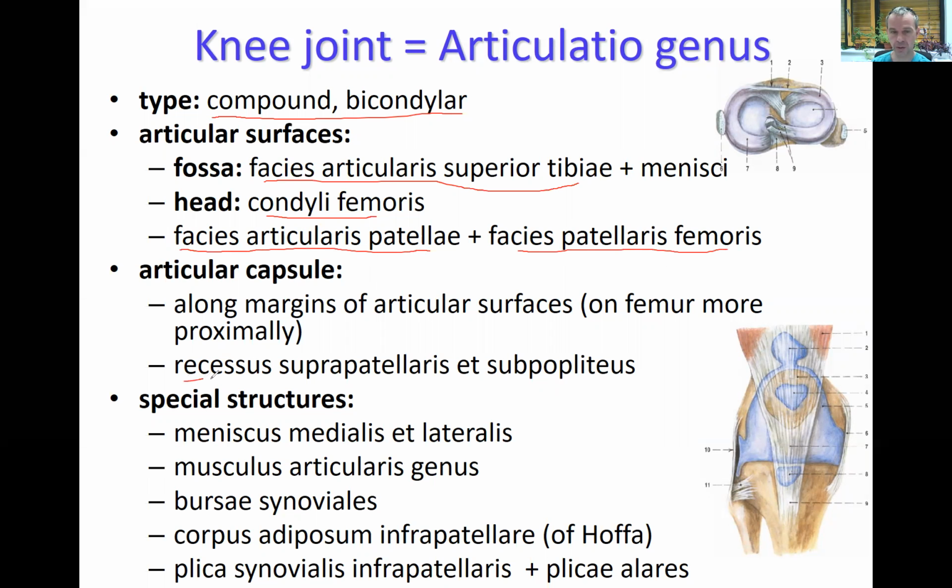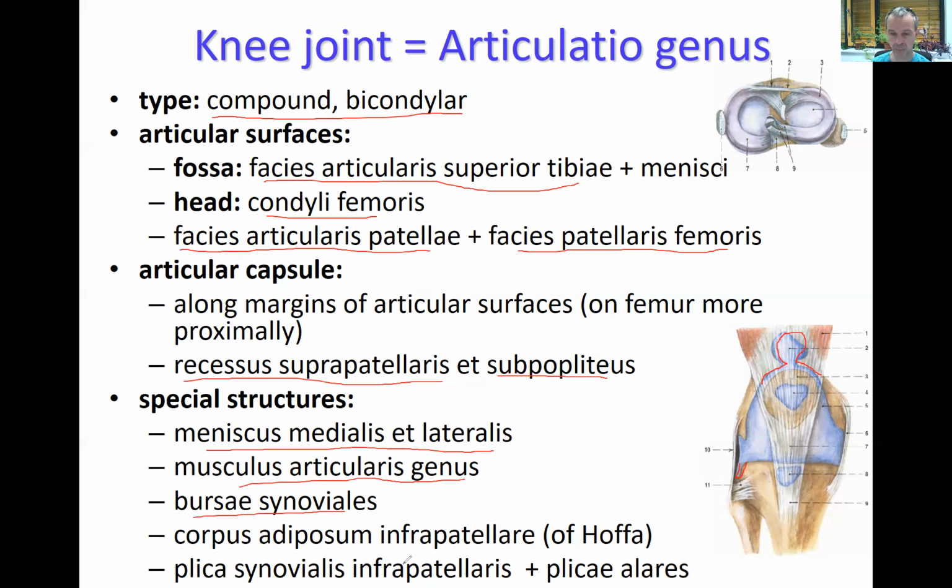There are two exceptions: the suprapatellar recess above, which is usually connected with the suprapatellar bursa, and the subpopliteal recess, which we find on the lateral side just above the head of the fibula. Inside we find many interesting structures: two menisci, medial and lateral, and the articular muscle, which is the deepest part of the quadriceps femoris muscle, and several synovial bursae around the knee joint.